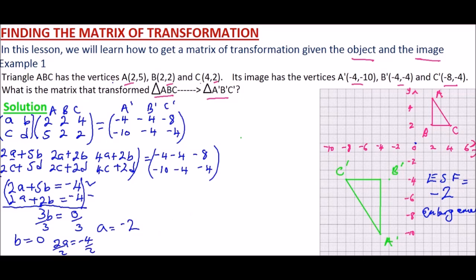So let's go ahead and work the same way to get the values of c and d. Just like we have done with a and b, we also equate this expression to the corresponding element, which is -4. So we say it is 2c plus 2d.